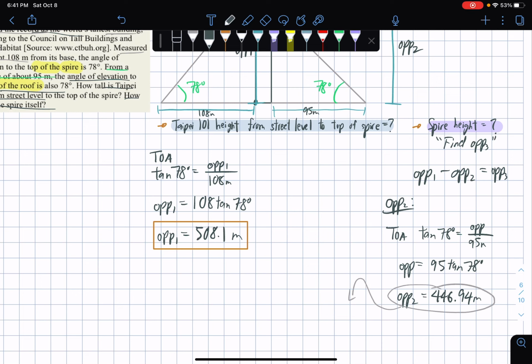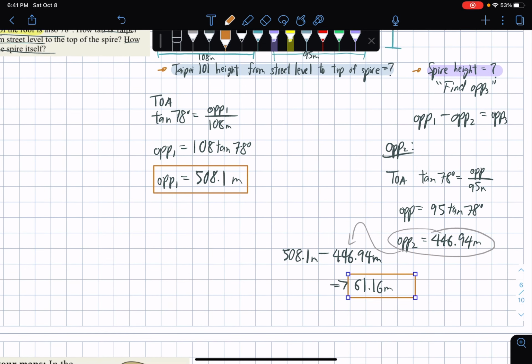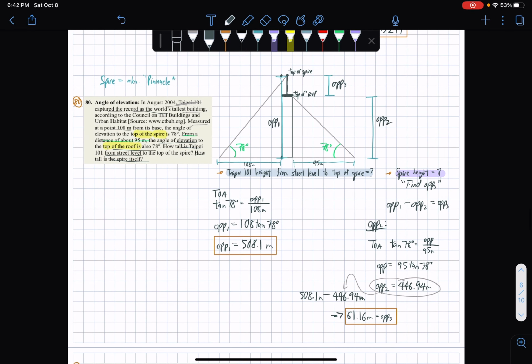So opposite 1 minus opposite 2, in other words, 508.1 meters minus 446.94 meters is equal to what? 61.16 meters. This is the height of the spire itself, the spire alone. There you go.